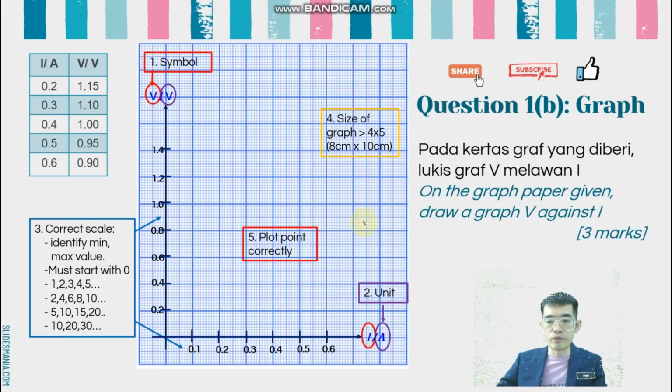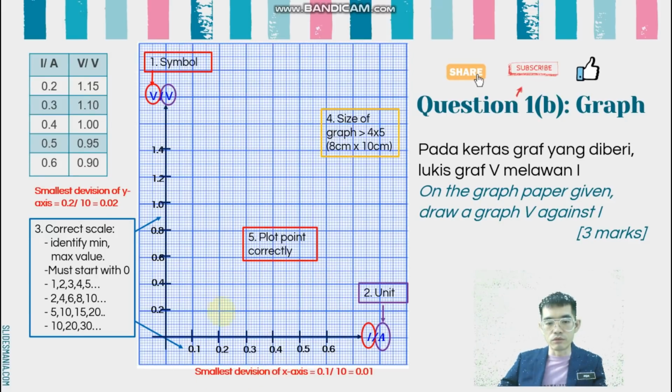The fifth tip here is you have to plot all the points correctly. For doing this, you have to know the smallest division for each axis. Here you can see the first unit is 0.1. Divided by 10, that means the smallest box here represents 0.01 for the x-axis. For the y-axis, it will be 0.2 divided by 10, so the smallest box here represents 0.02.